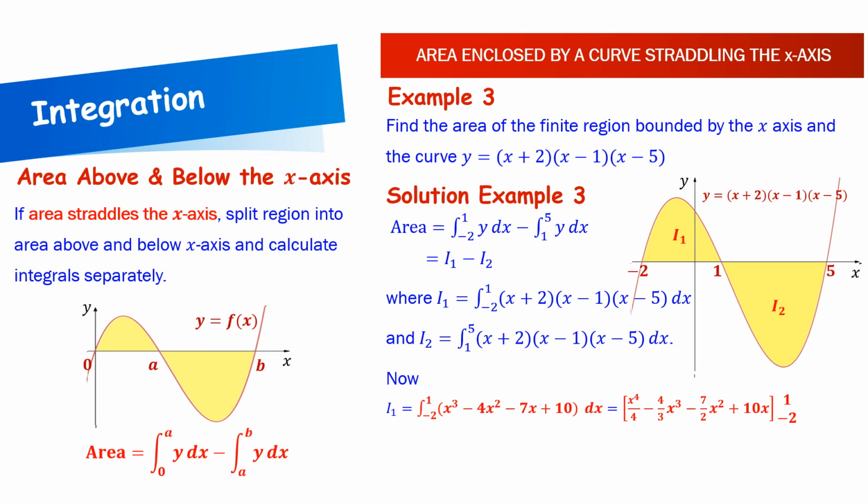And if we integrate term by term, we obtain x to the 4 over 4 minus 4/3 x cubed minus 7 over 2 x squared plus 10x. And of course we're integrating between the limits minus 2 and 1.